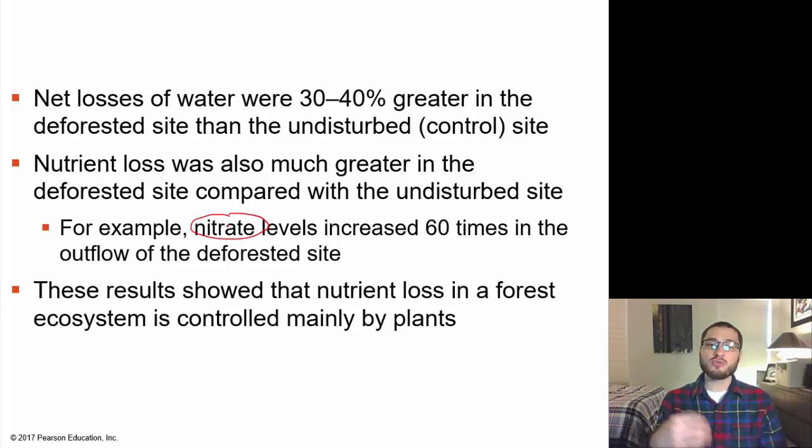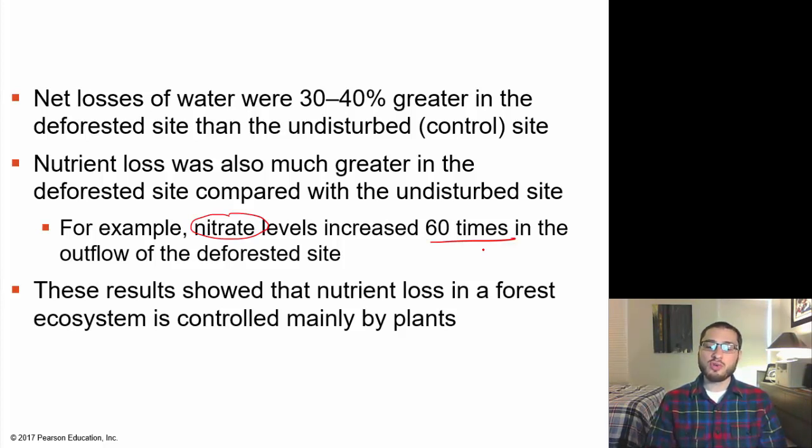So now you're seeing not only are you throwing off the water cycle, but now we're shedding that nitrogen 60 times, all right, 60 times faster than in the control site. So these results show that nutrient loss in a forest ecosystem is controlled mainly by plants, right?